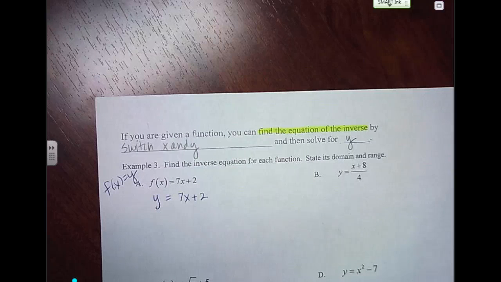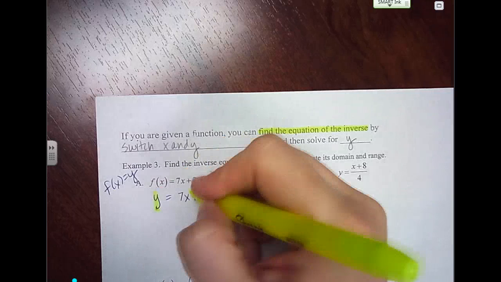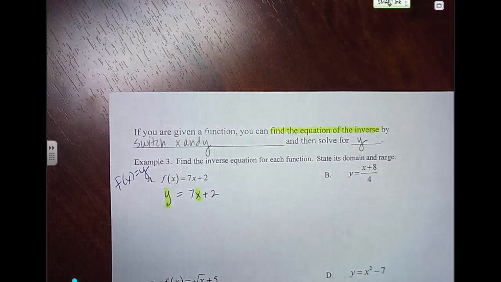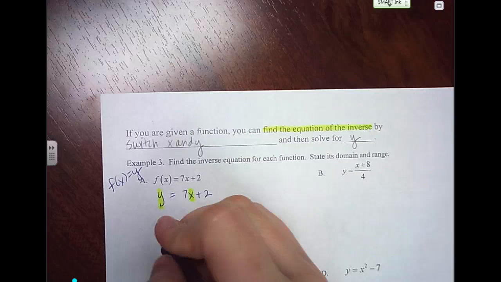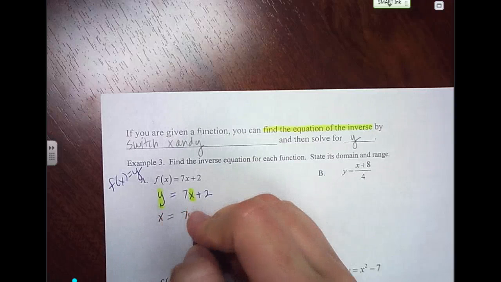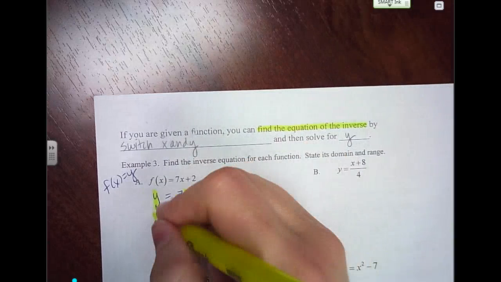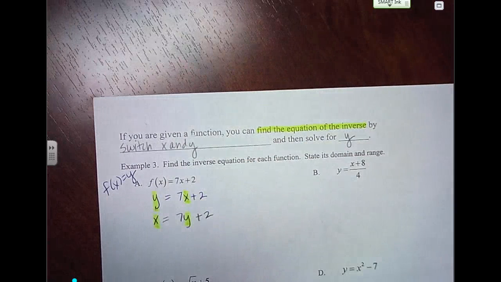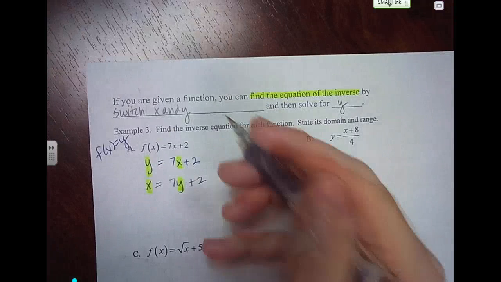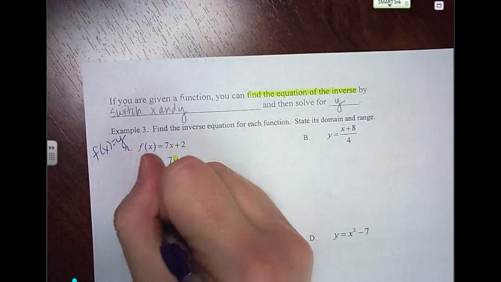So now we want to find the inverse. So we're going to switch the x and the y. Now this is just literally switching places. So I'm going to say x equals 7y plus 2. Now I want to solve for y. I want to get y by itself. So I'm going to subtract the 2 over.